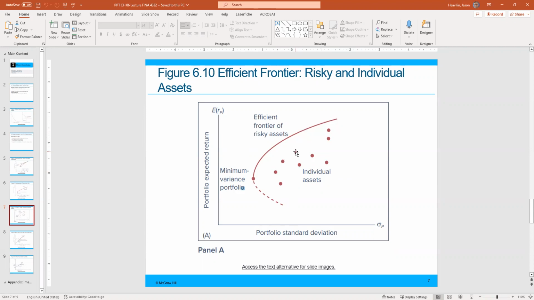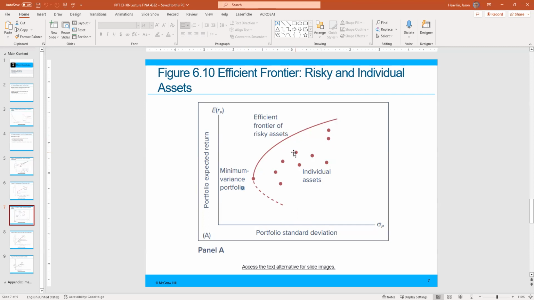For the same standard deviation as that stock, there's a portfolio that has a higher return. So why would you invest in a stock with this level of risk and this level of return when there's a portfolio that has the same risk, but a much higher return? That's how you can achieve a higher return for the same level of risk.